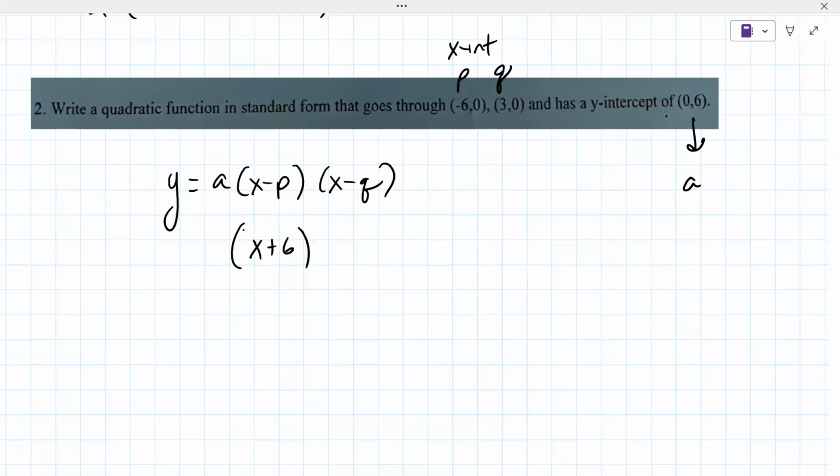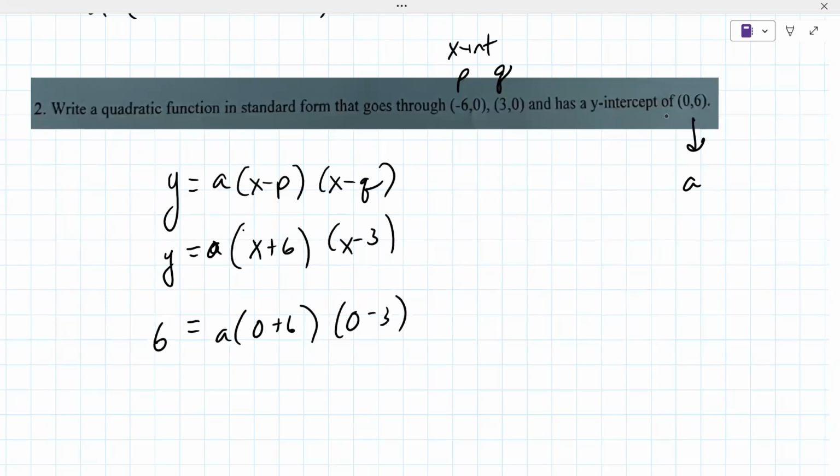Plus 6, x minus 3, and then yeah, you're going to use that to solve for A. So go ahead and do that for me, please.